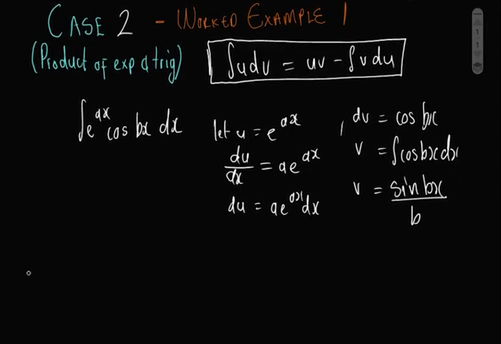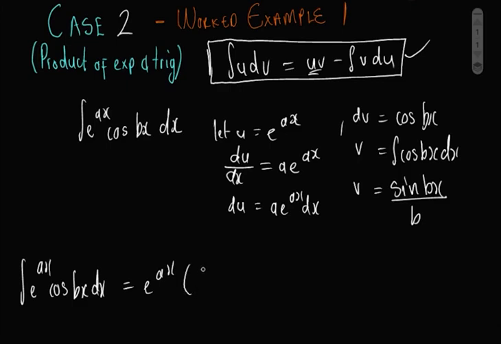So therefore, the integral of e to the ax cos bx with respect to x is going to be uv. What is my u? It's e to the ax. And what is my v?